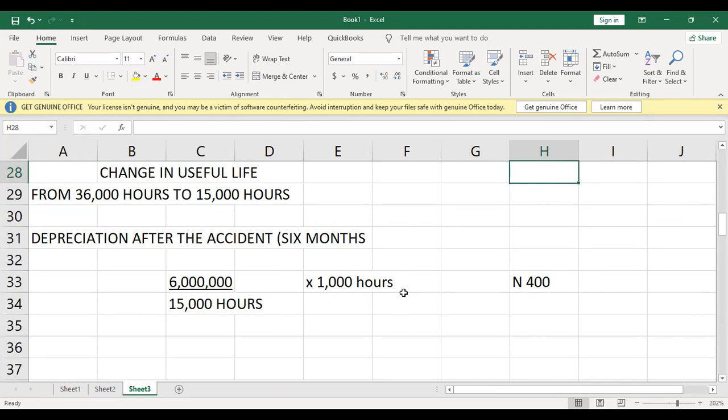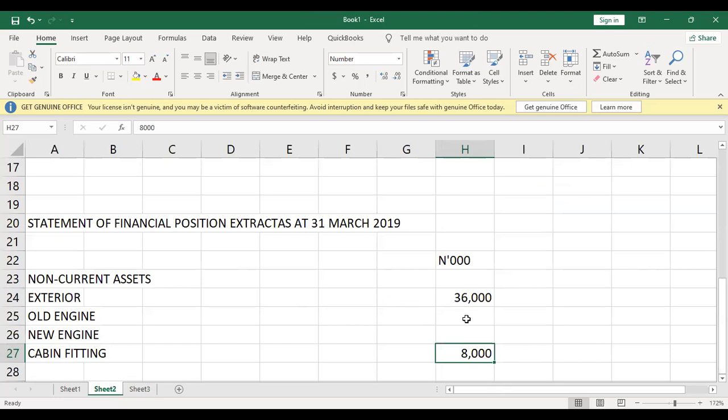After the accident, you have to remove the depreciation charge of 400. So 6 million minus 400,000 gives us 5.6 million. That's for the old one that was repaired.